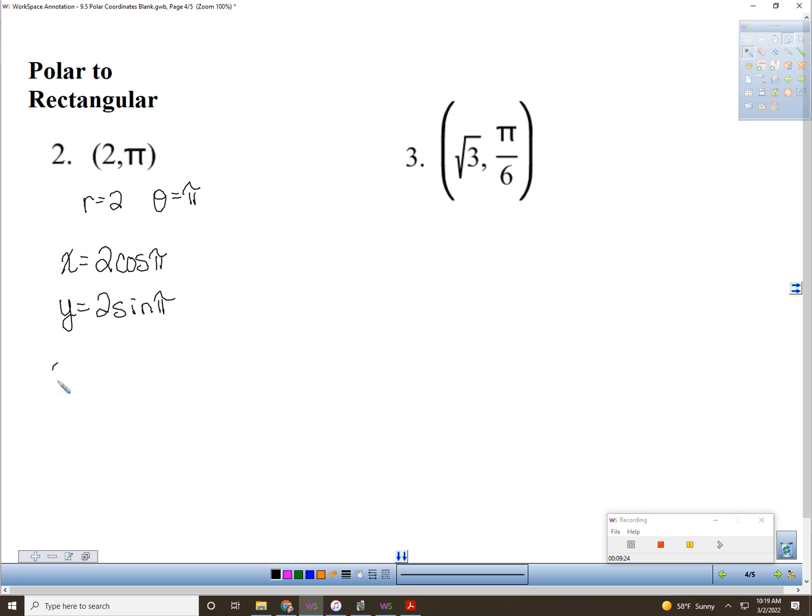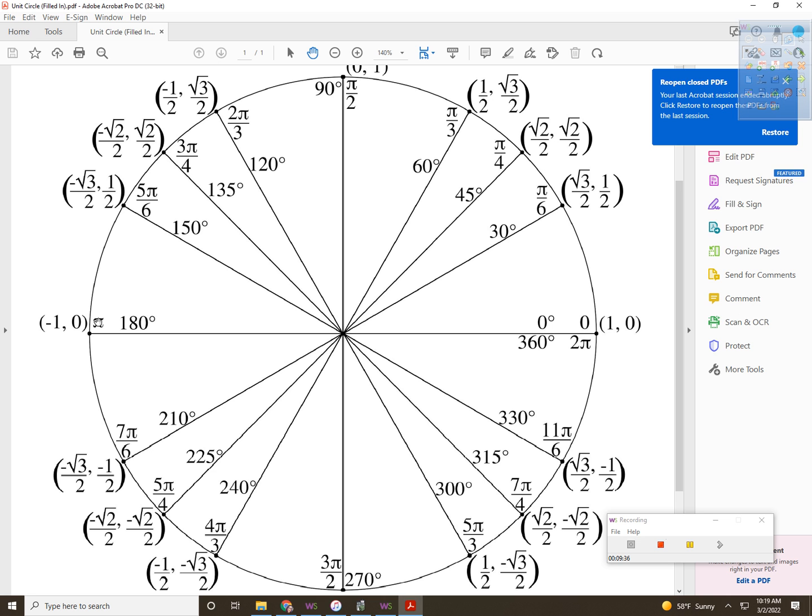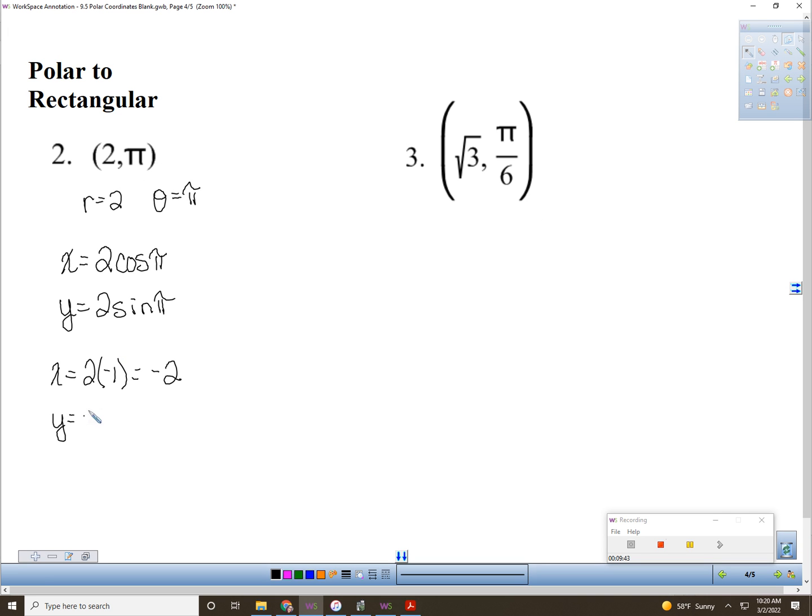That means my x value is 2 times the cosine of pi, which is -1, so I get -2. For my y value, I need the sine of pi, which is 0. So this would be 2 times 0, which is 0. So my rectangular coordinates are -2, because that's the x value, and 0, my y value.